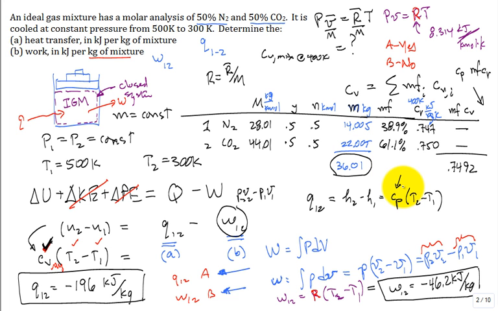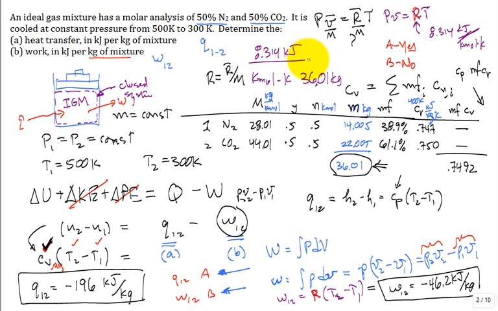For your R, did you divide by the total molar mass? Yeah, this 36.01 kilograms per kilomole of our mixture. If you want to chase the units on this: 8.314 kilojoules per kilomole Kelvin divided by 36.01 kilograms per kilomole.